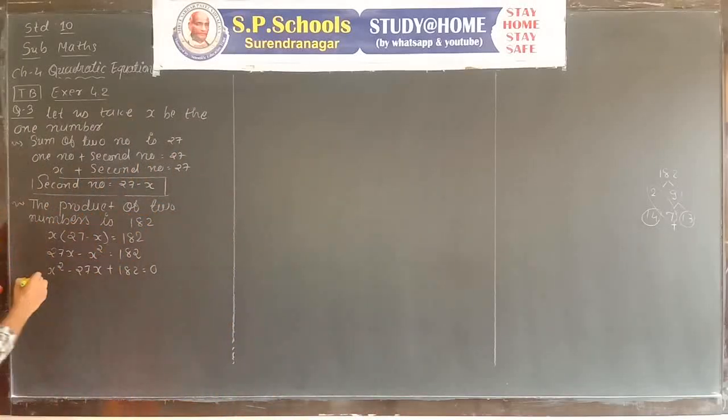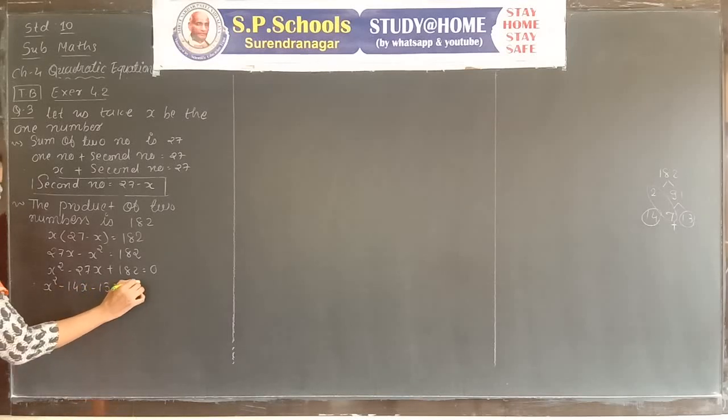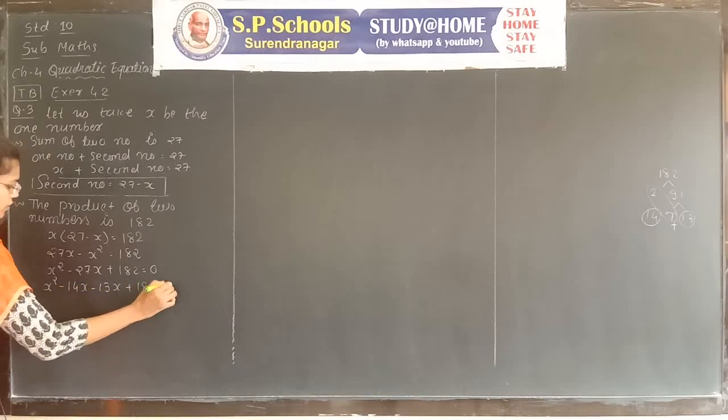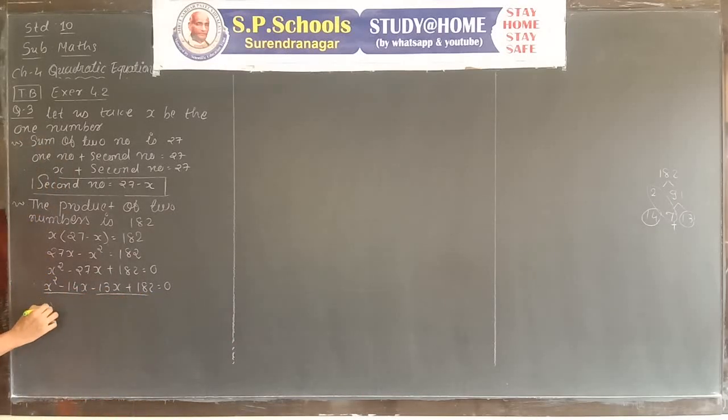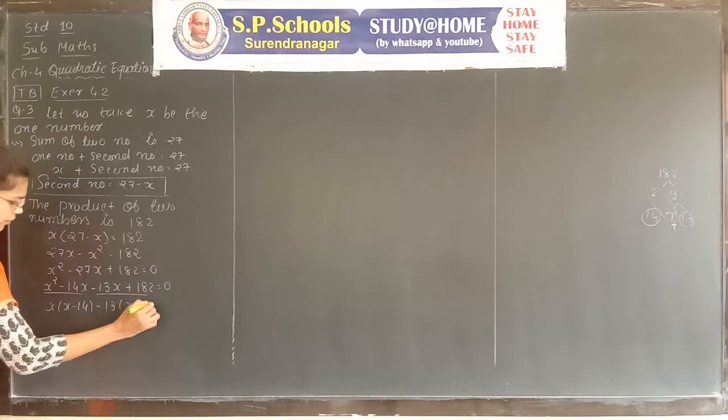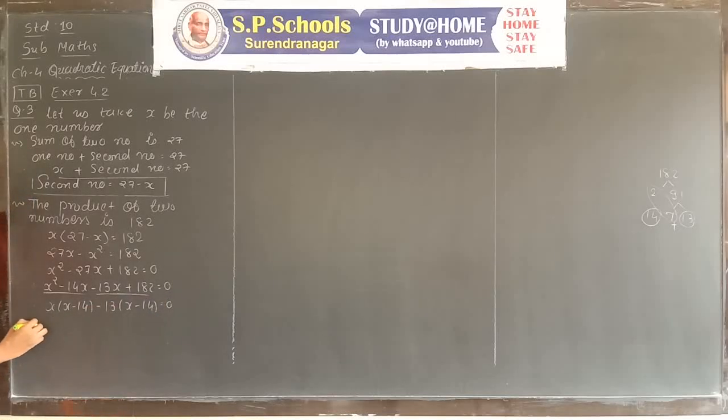So x square minus 14x minus 13x plus 182 equals 0. Pair the first two and the last two terms: x times (x minus 14) minus 13 times (x minus 14) equals 0. Into the first bracket x minus 14, and in the other x minus 13, equals 0.